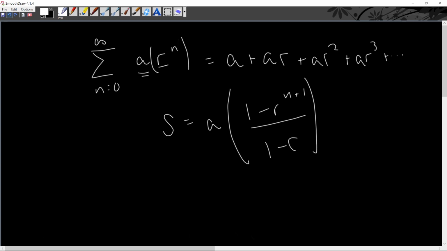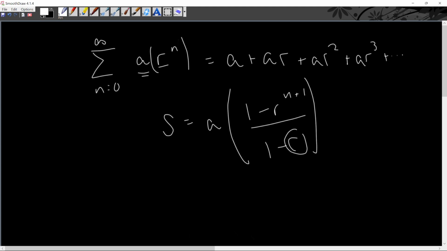But for infinite series, if the absolute value of r is less than 1, and you plugged in a very high n value, because, again, n is approaching infinity, right? You have essentially an infinite n value.